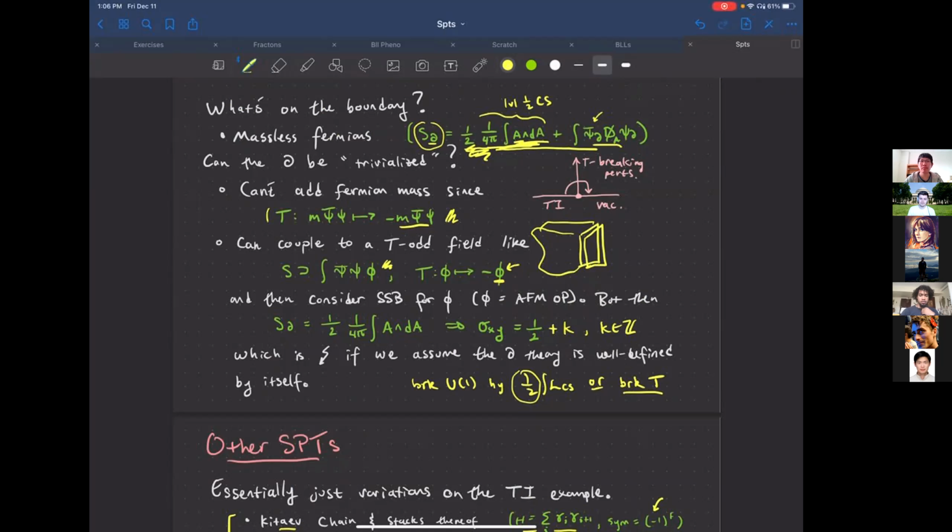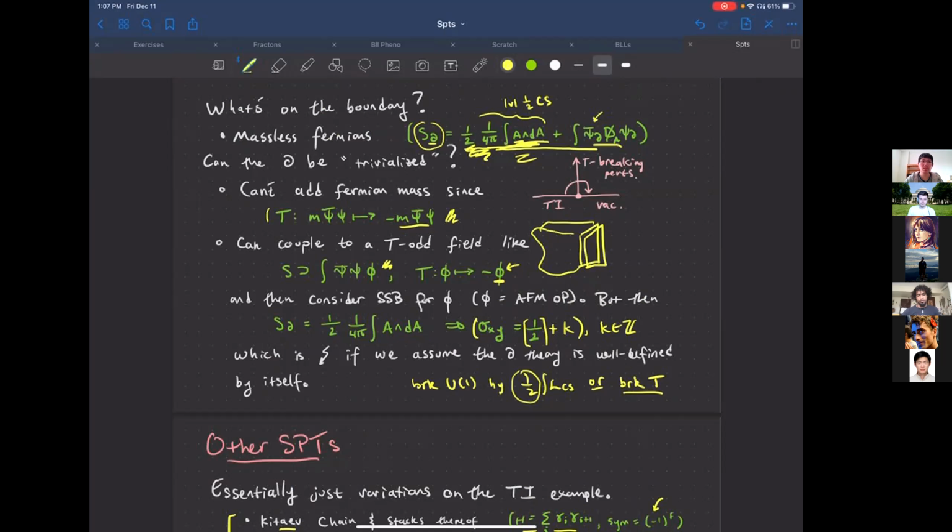So we wanted to know whether or not it was possible to make the boundary theory trivial without explicitly breaking the symmetry. And the claim is that if you don't explicitly break the symmetry, the boundary theory is still non-trivial because its Hall response is something like this. And this 1/2 part of the Hall response coming from this term is impossible to get rid of while only considering stuff that is localized to the edge.